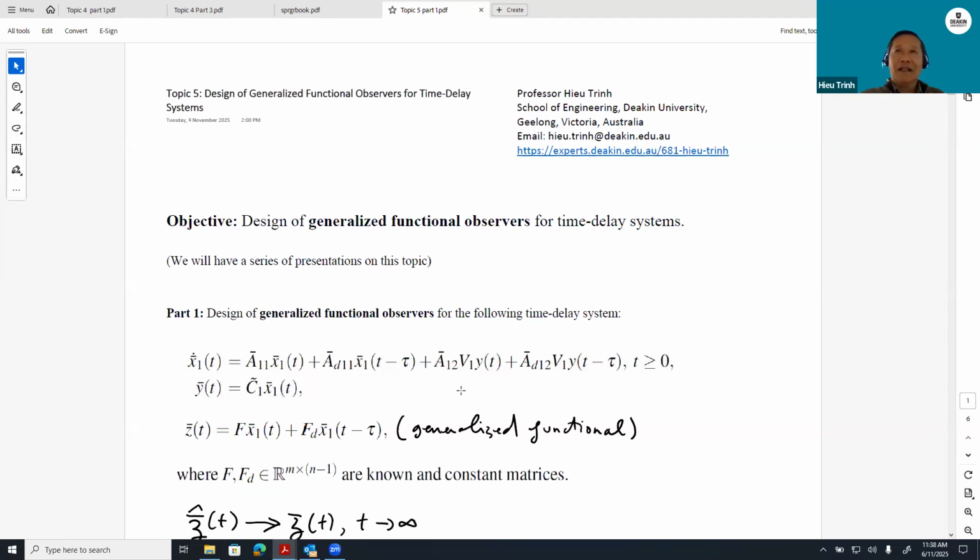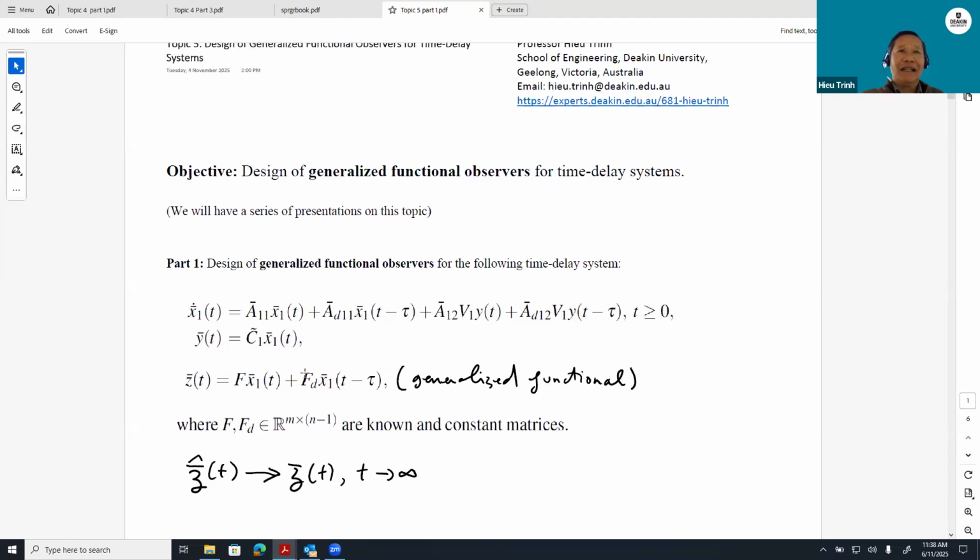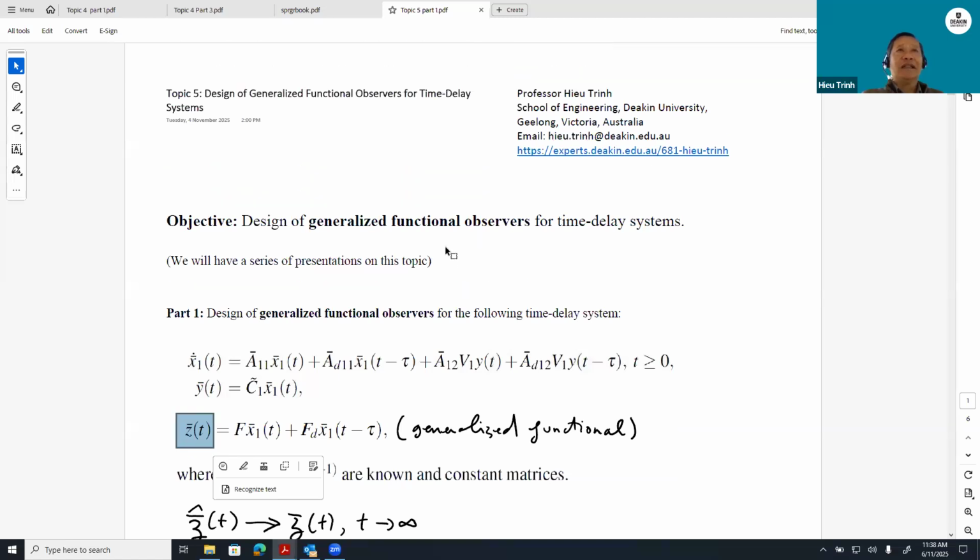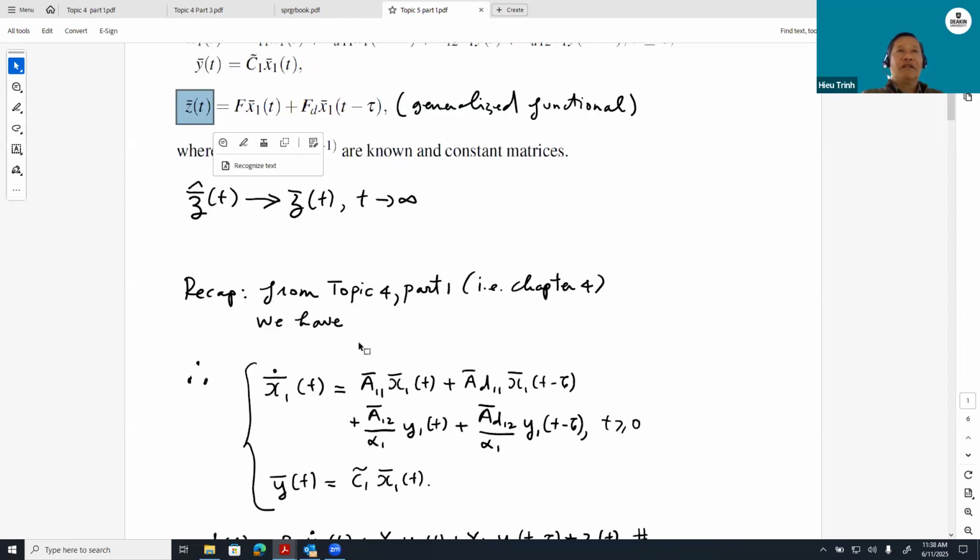But if we estimate that delay stack variable directly, which means that this term here is chosen accordingly, then it works. Okay, and there are many more significant advantages that we will demonstrate in topic 5.